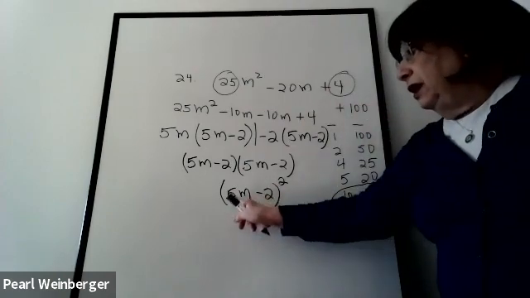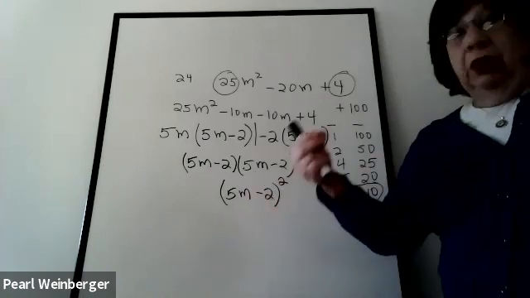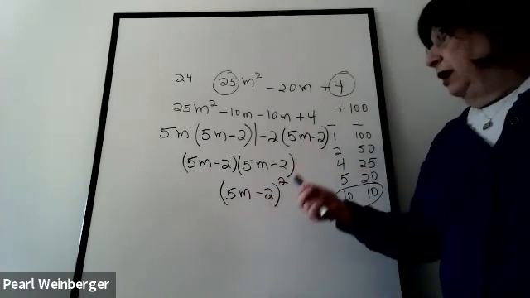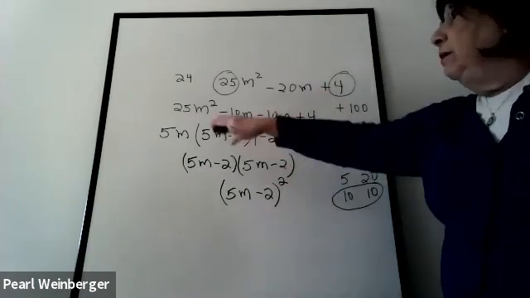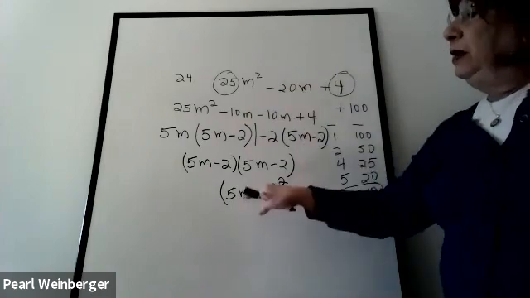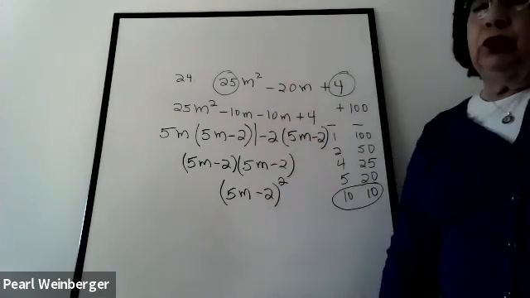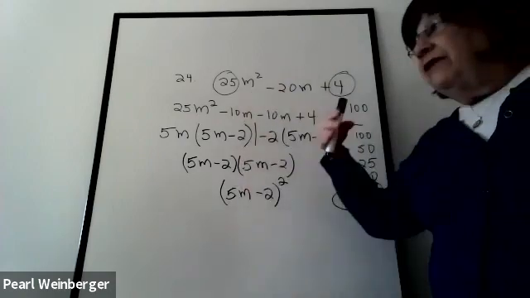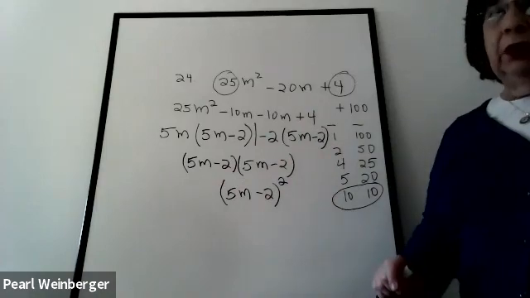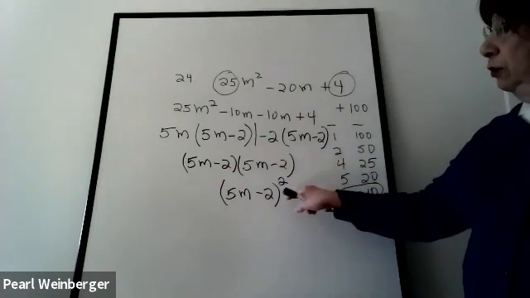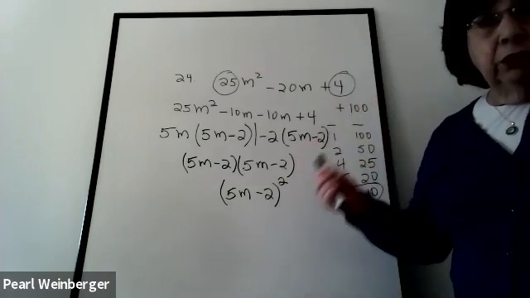If you multiply the 5m times the negative 2, the two terms of the binomial, that gives you negative 10m. You have to have two of them because one would be outer and one would be inner. So 2 times negative 10m gives you the negative 20m. But you don't have to know that. You could just factor it as regular, but remember, you can write it as a binomial squared.